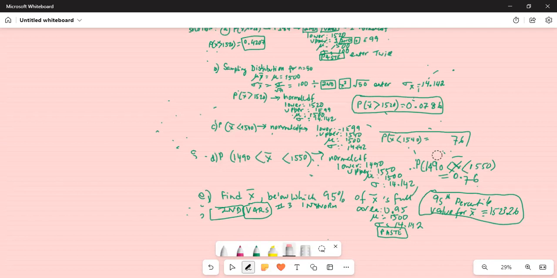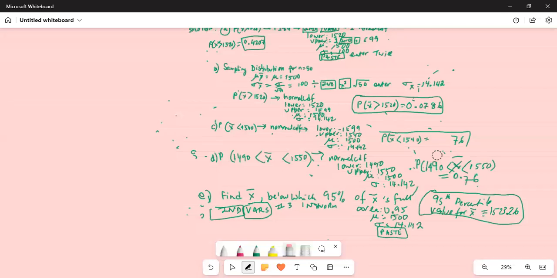So second vars, then number 2, I'm repeating the calculation for part C, 1540. Mean is 1500 and the standard deviation is 14.142.